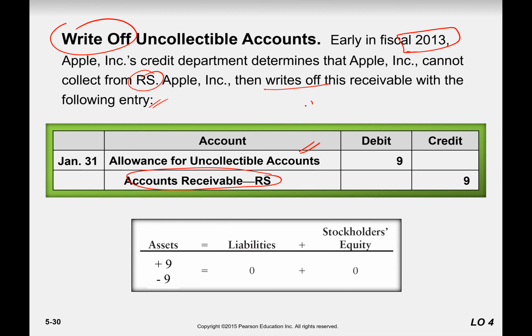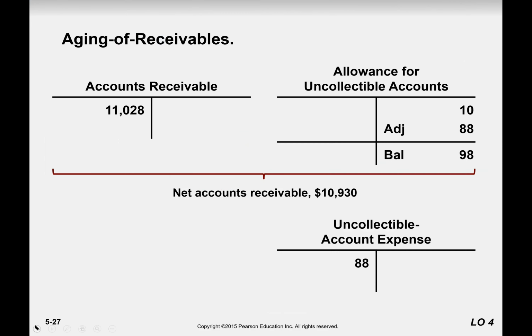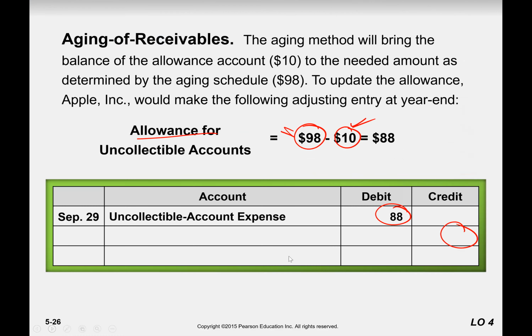So remember, there is no expense here because we already charged expenses. Guys, you're following me? No, where do we charge the expenses? Here we go. We charged the expenses in advance, according to the aging of receivable method.